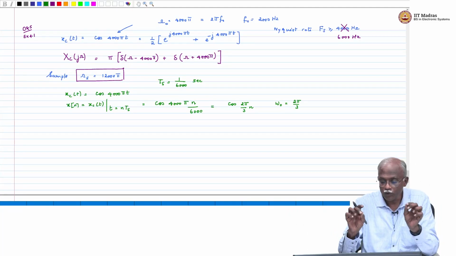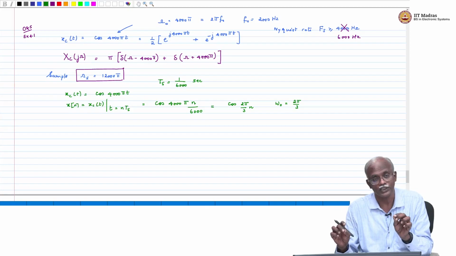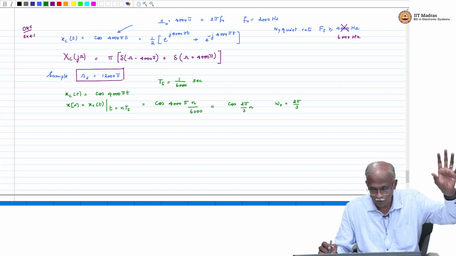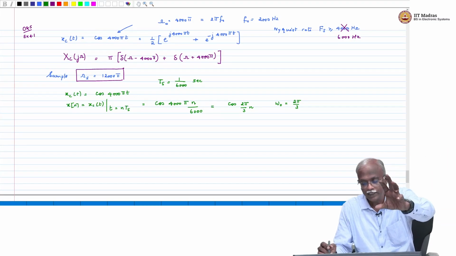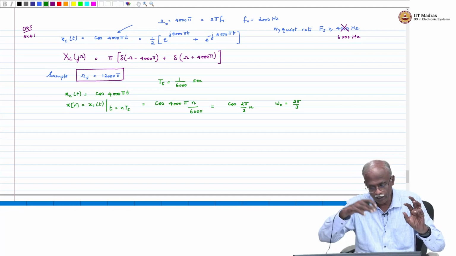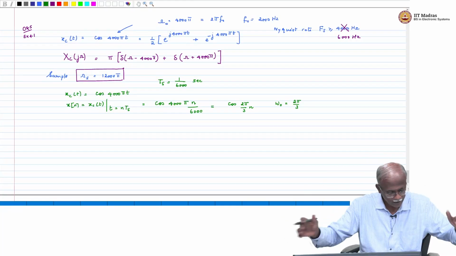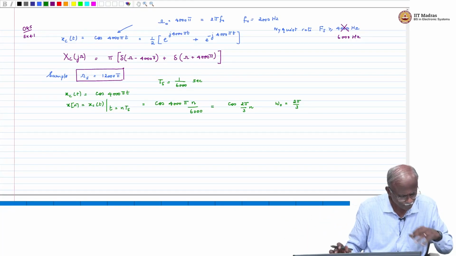So this is how you would do the sampling process. Through the process of sampling cosine 4,000 pi t, you will produce a discrete time signal which is cosine 2 pi by 3 n, and then you can look at the behavior of this signal.